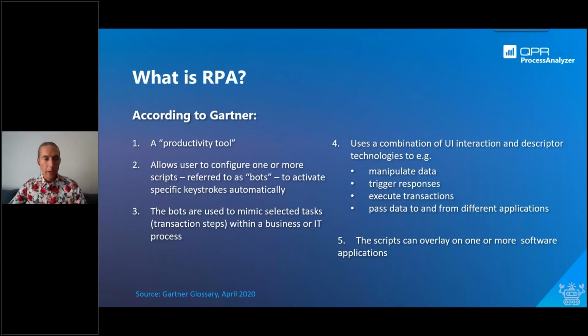For example, when you have a Salesforce system in use for your incoming orders, then when the order comes in, the bot can automatically create the corresponding order in your SAP system. So something is entered into one system, and then the bot is automatically creating the corresponding event in the next system. That is RPA.